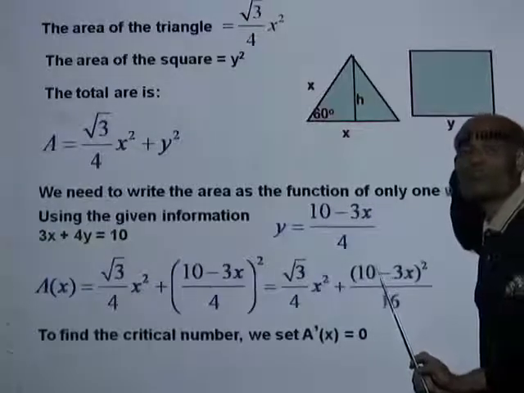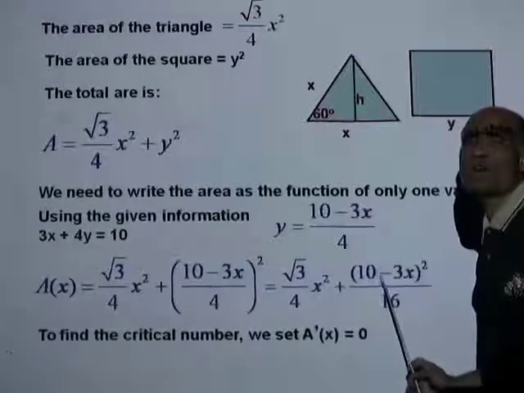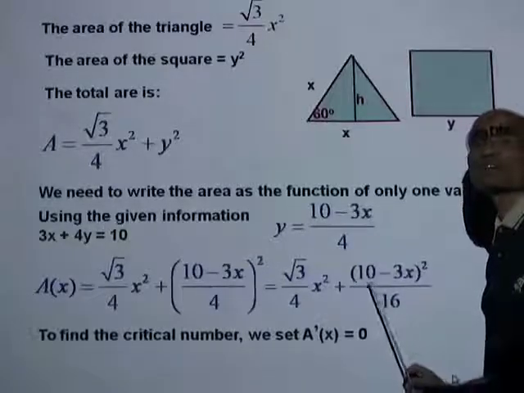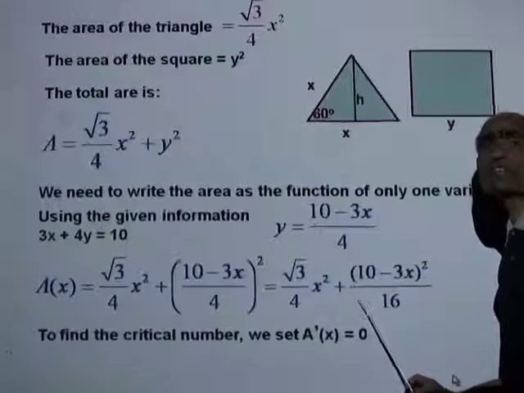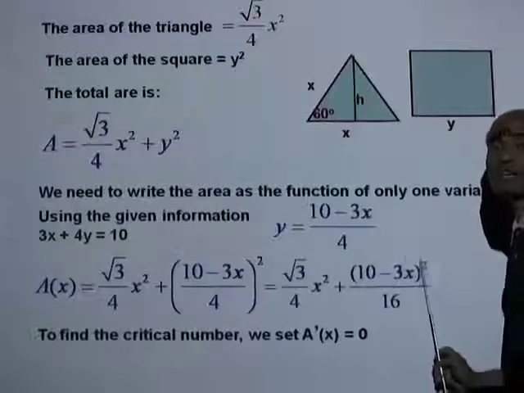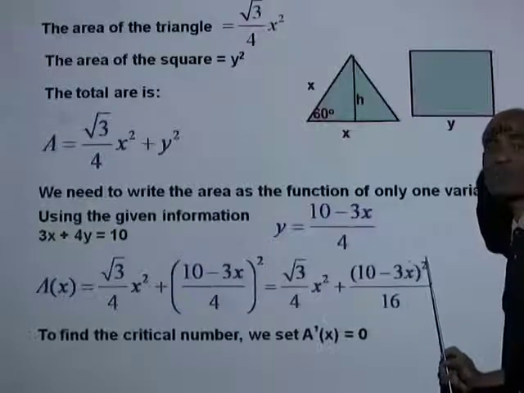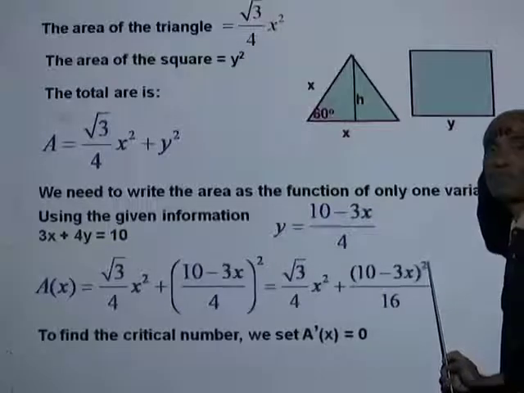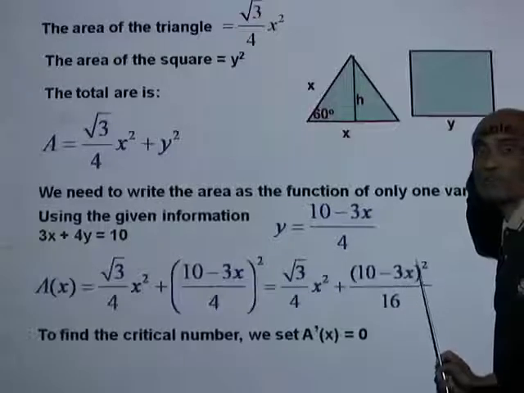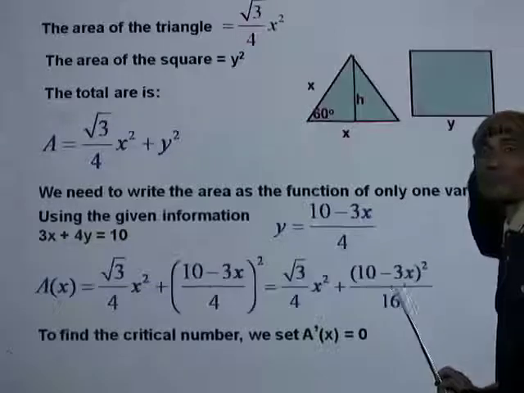Remember, very often you might want to look at this as a quotient. Now, this is not a quotient because the denominator is a constant. So you can write it as 1 over 16 times the derivative of the numerator. Now, what is the derivative of 10 minus 3x all squared? That will be 2 times 10 minus 3x to the power of 1 times the derivative of 10 minus 3x.